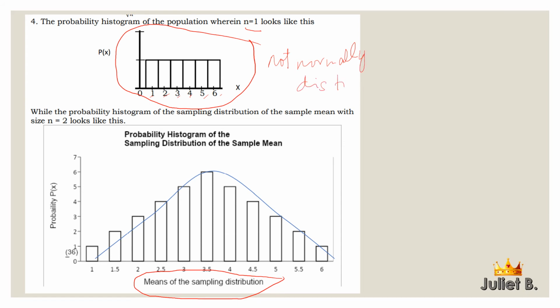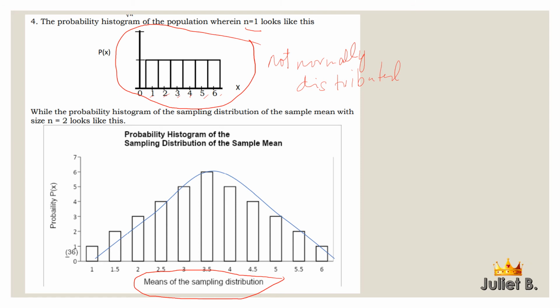Based on our activity, it was evident in the central limit theorem that the sampling distribution will be approximately normally distributed for a large sample regardless of the distribution from which we are sampling.